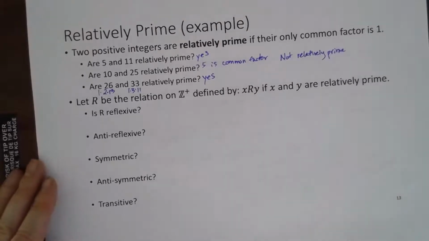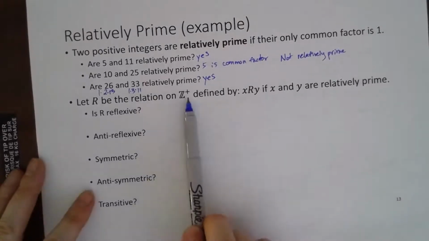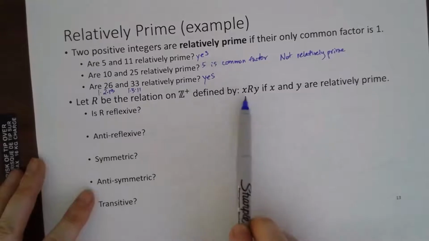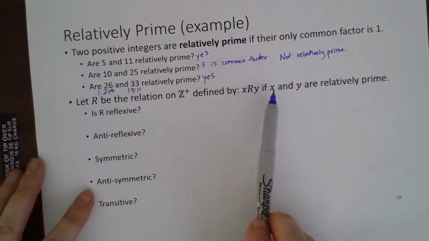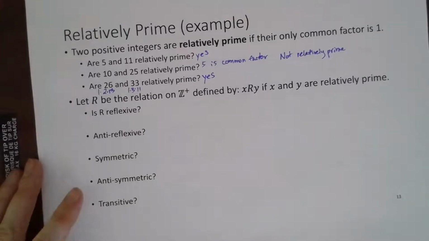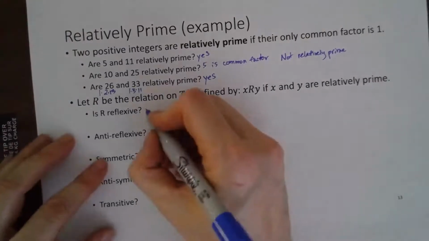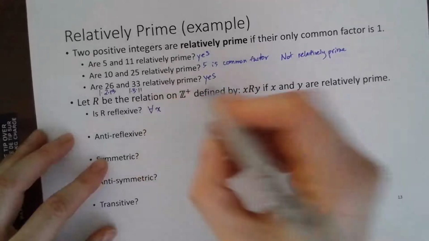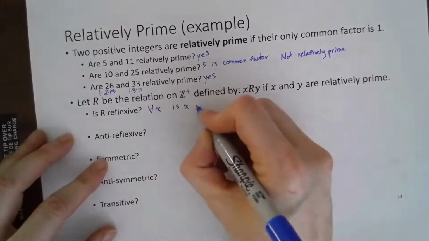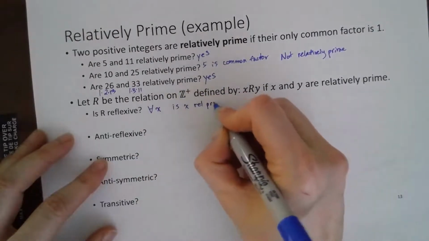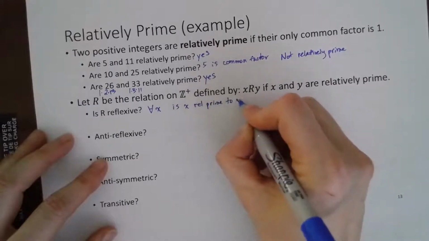So let's think about a relation on the positive integers, and x is going to be related to y if x and y are relatively prime. So first of all, is it reflexive? So we're asking ourselves, for every number x, is x relatively prime to x?